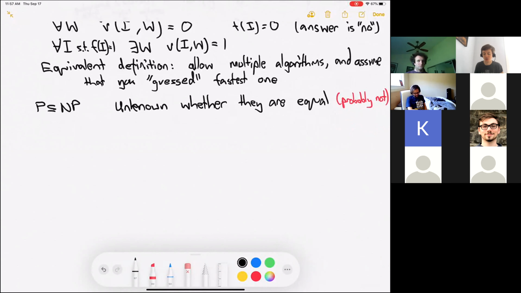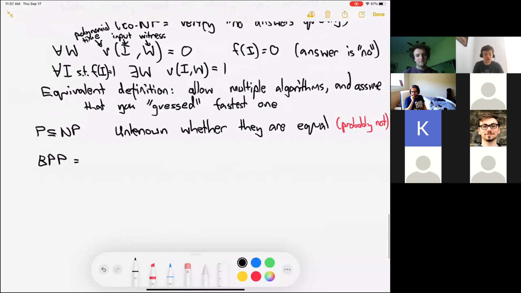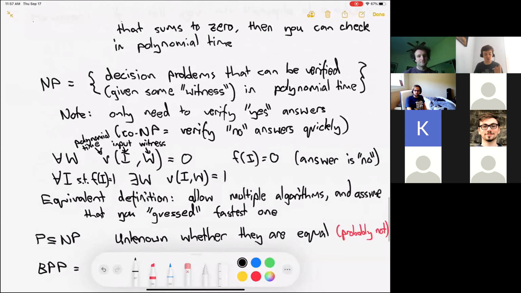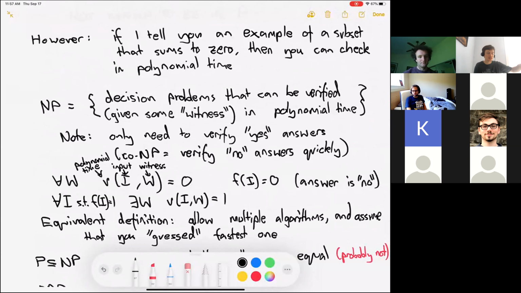So there's one final classical class that I want to mention, and that's what's called BPP. Quick question about the NP that you defined. You said W, the sum of its bits was 0. Is that true? Yeah, W. So the witness that would work for the subset sum problem is a list of which integers add up to 0.